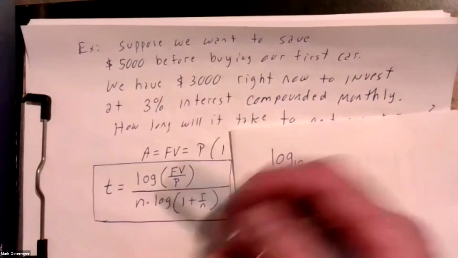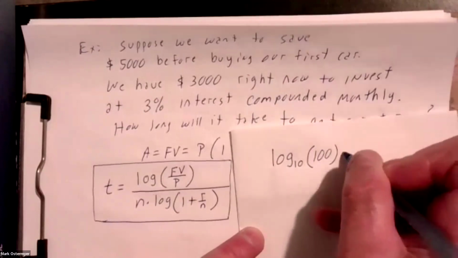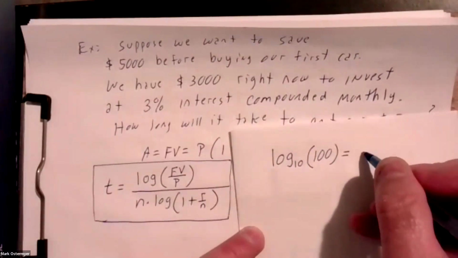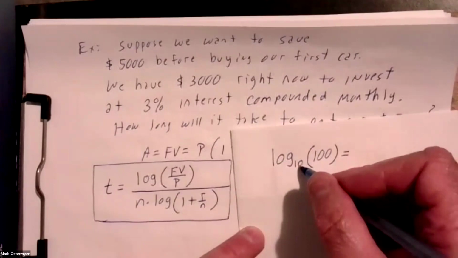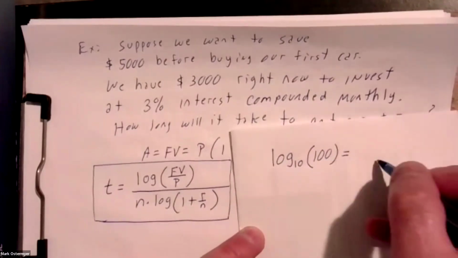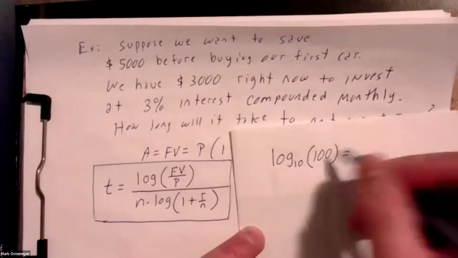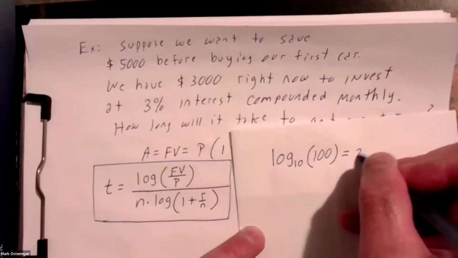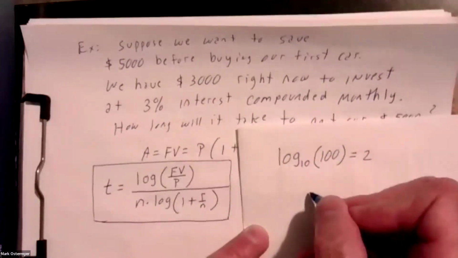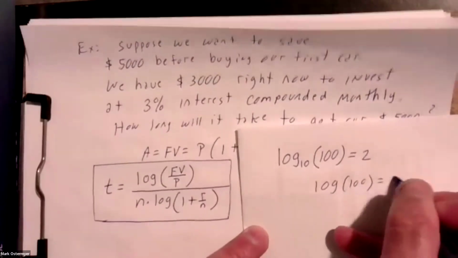If you take log base 10 of 100, it would give you an exponent. Stop and think, what power would you have to raise base 10 to give you 100? 10 raised to what power gives you 100? 2. So if you take log of 100 on your calculator, you should get 2.